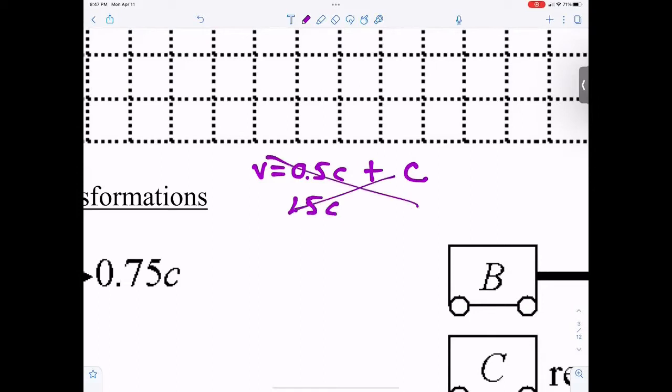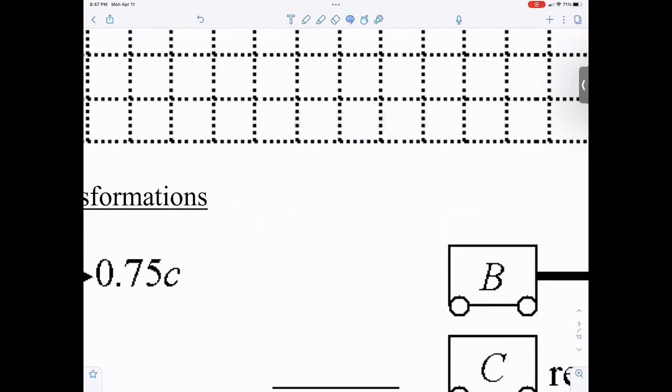Of course, that is not true. So what we're going to explore right now are what are called velocity transformations.